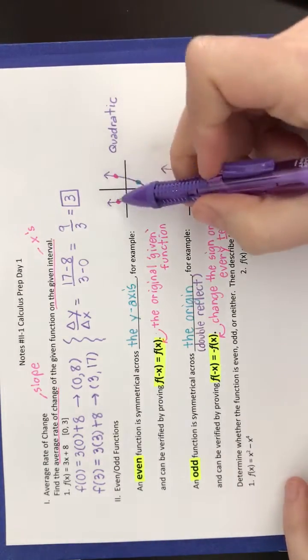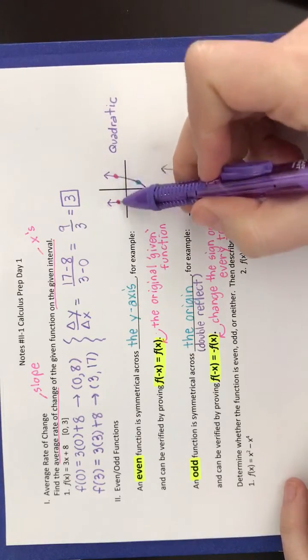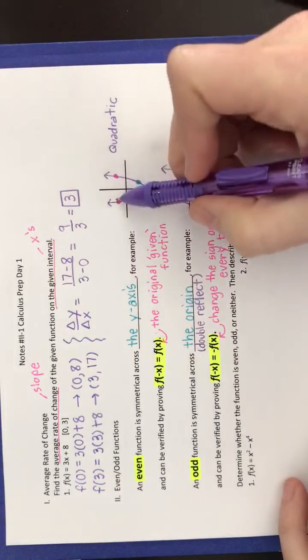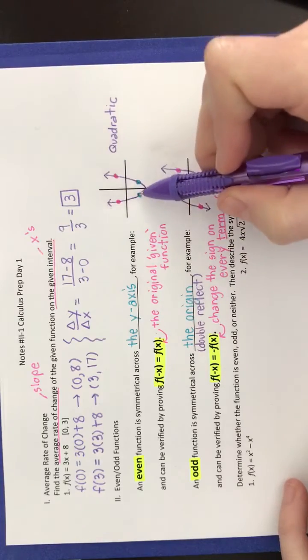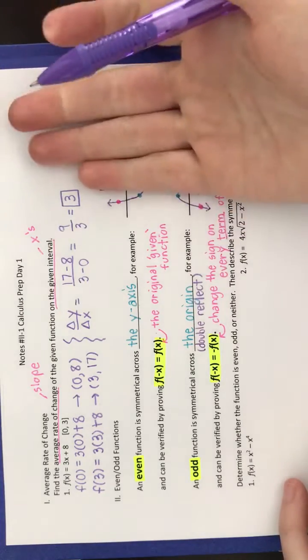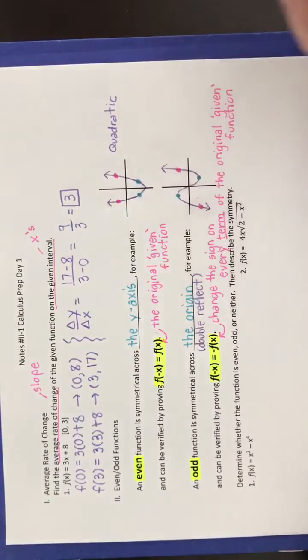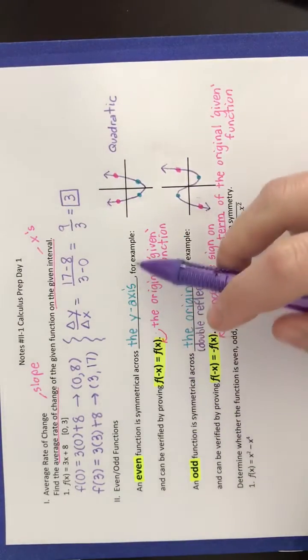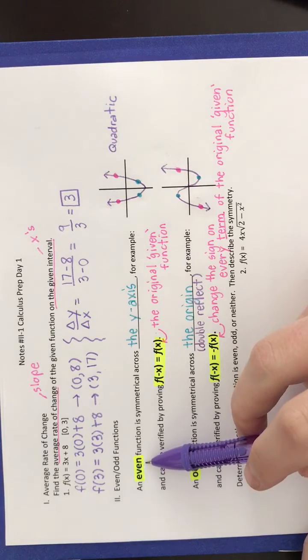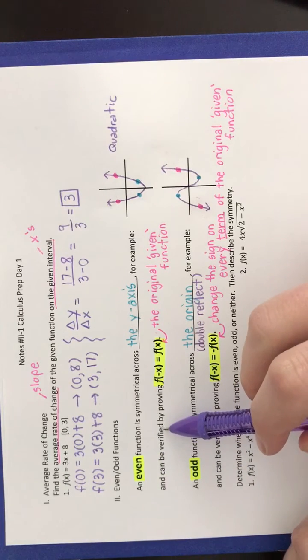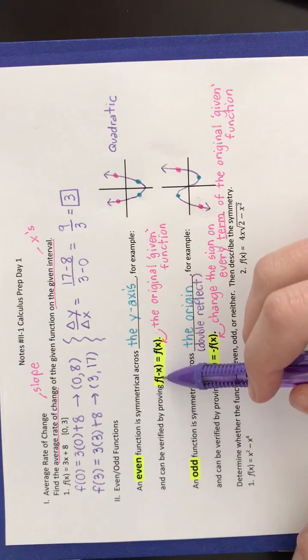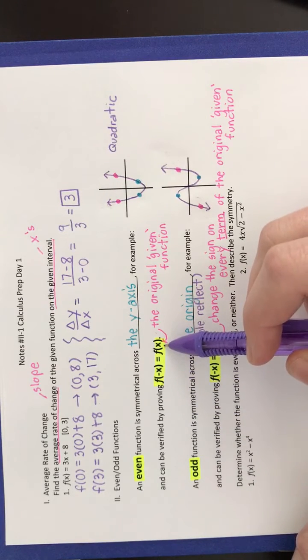So I drew in the graph, but I also drew these pink points, which you see if you would fold over the y-axis would lay on top of each other, as well as these blue points, which also if you fold this graph over the y-axis, these two blue points would lie on top of each other. So an even function can be verified algebraically instead of graphically by proving f of negative x equals f of x.